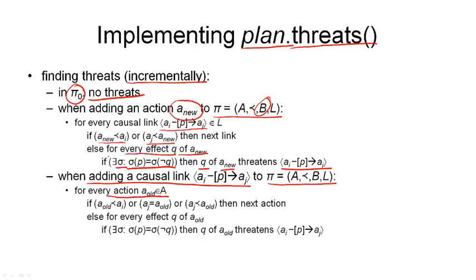Again, if this existing action is either before the provider or after the consumer, then this action cannot be a threat. And there's a third condition here, namely that our existing action is the consumer in our causal link. Of course, the consumer of a causal link cannot threaten that causal link. So, if one of these three conditions hold, we can go to the next action, because this existing action we're currently observing cannot possibly be a threat to the newly introduced causal link.